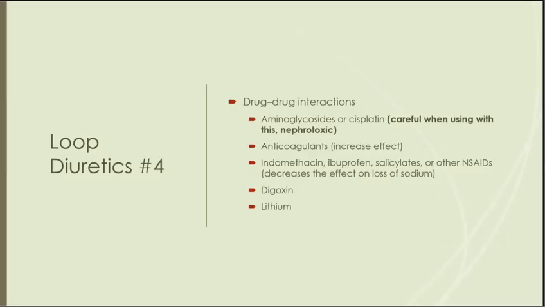So you monitor the INR and for signs of bleeding. When it comes to NSAIDs like ibuprofen, naproxen, indomethacin, NSAIDs decrease prostaglandin production, reducing kidney blood flow. The diuretic cannot work as well, so less sodium and water are excreted.